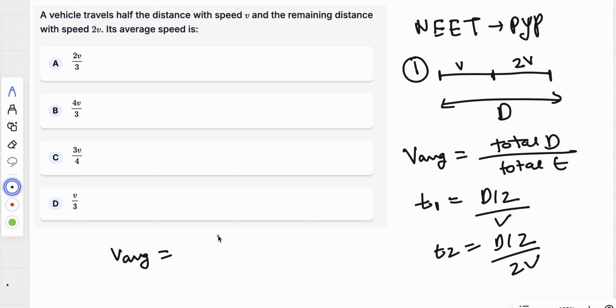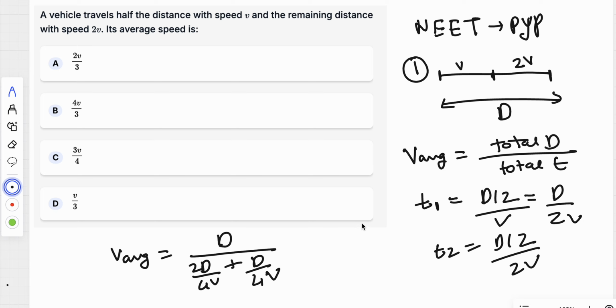V average is equal to d upon d by 2v plus d by 4v, right? I just multiplied 2 on both sides for this. It will be d by 2v, so I have multiplied 2 in the numerator and 2 below. So it is d upon 3d by 4v. So the answer will be 4v by 3.